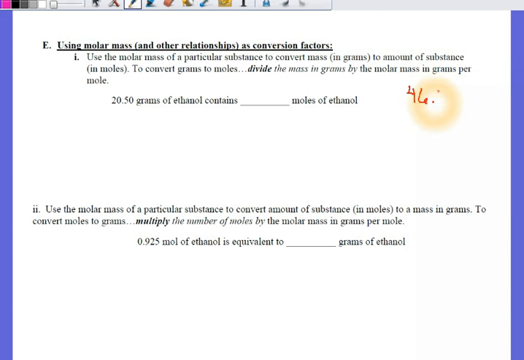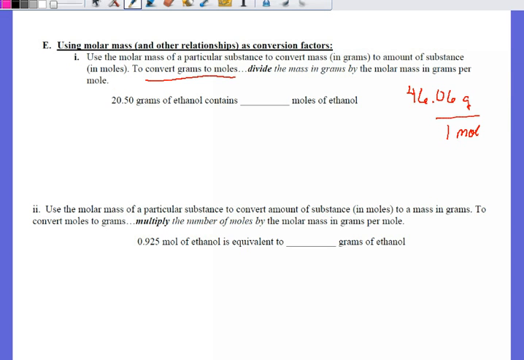So 1 mole of ethanol has that mass. So this kind of question, converting grams to moles.